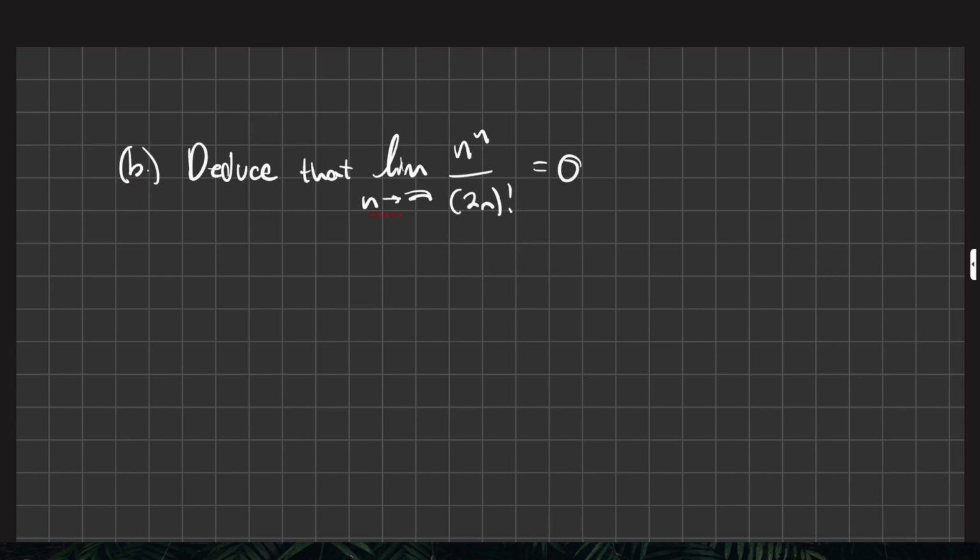We want to deduce that the limit as n goes to infinity of n to the n over 2n factorial equals 0.